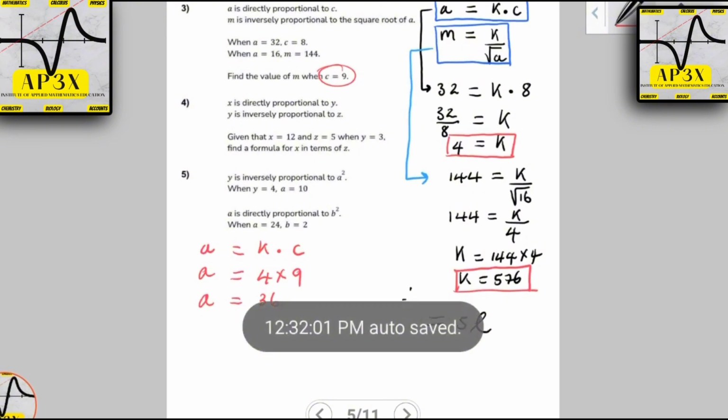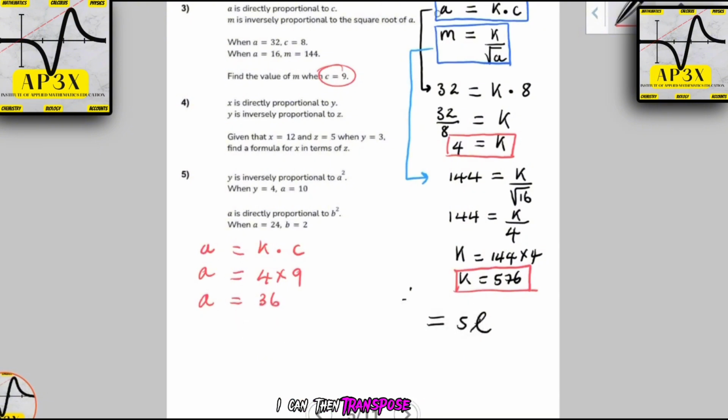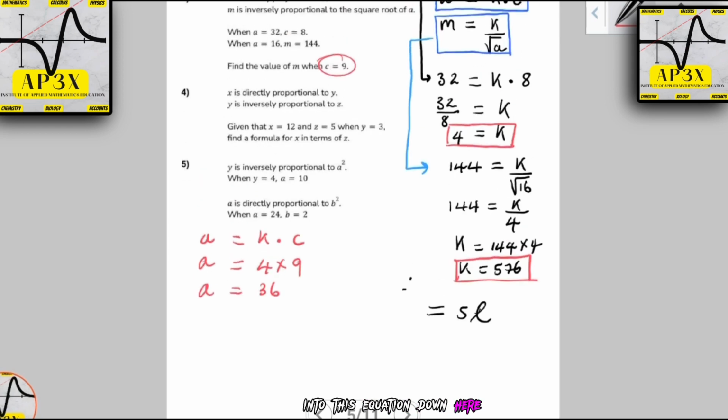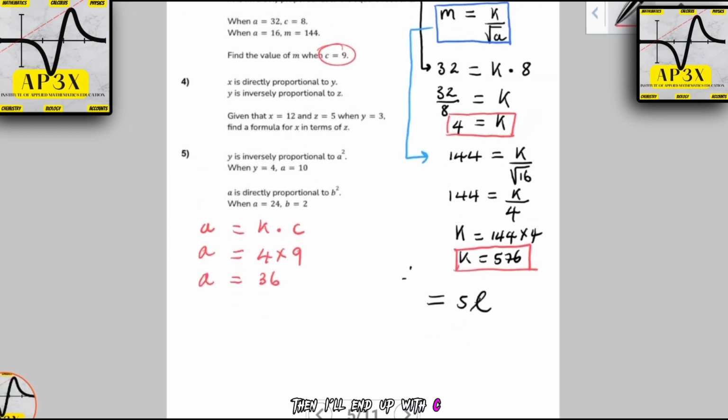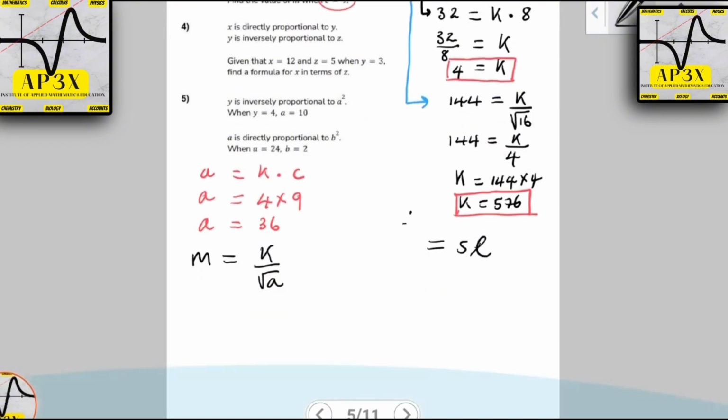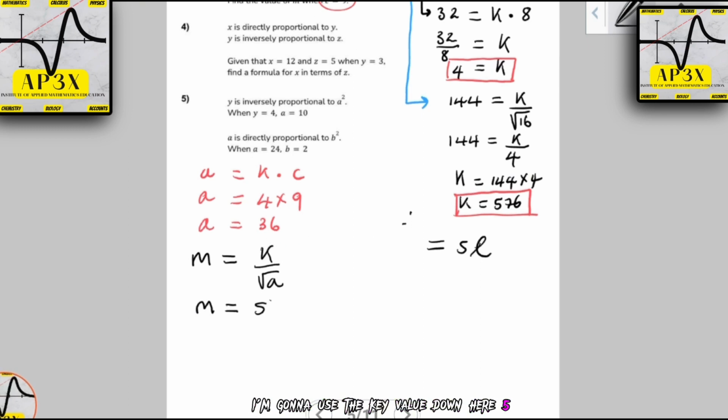Aha! Now, since A is 36, I can transpose that value of A into this equation down here. So M is equal to K divided by the square root of A. I'm going to use the K value down here, 576, because that's the value of K in this relationship.